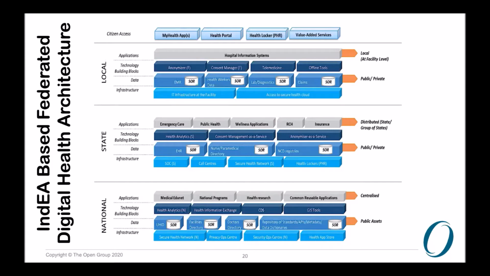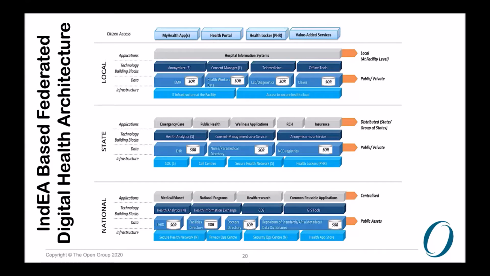Typically, most of the information will continue to reside at the local level, which could be at the city level, urban level, or facility level. You can see some building blocks there. Some of that will be consolidated at the state level, which is a collection of local bodies, and some of that information will be held at the national level.